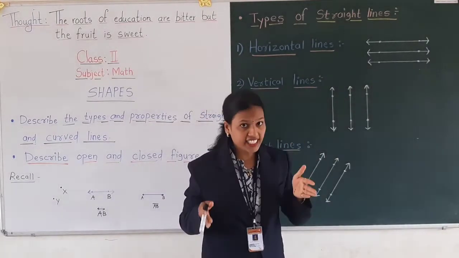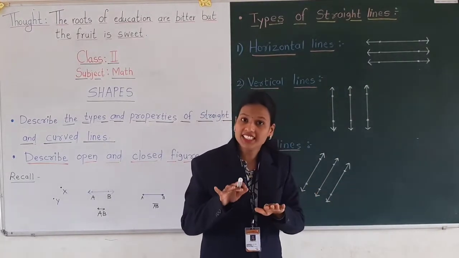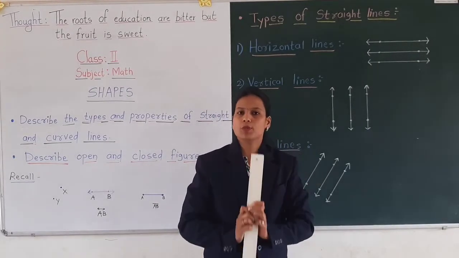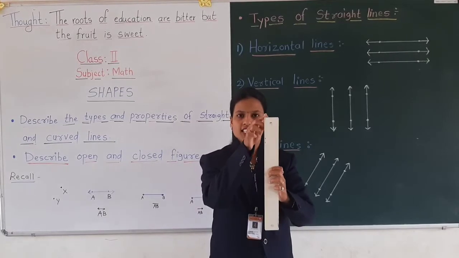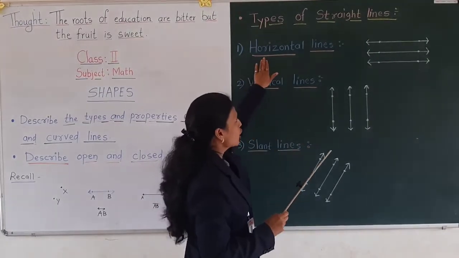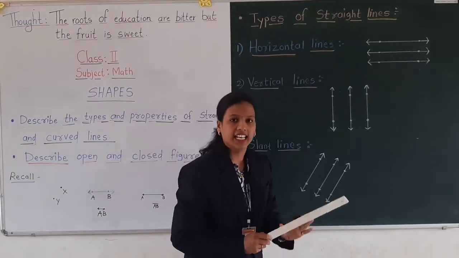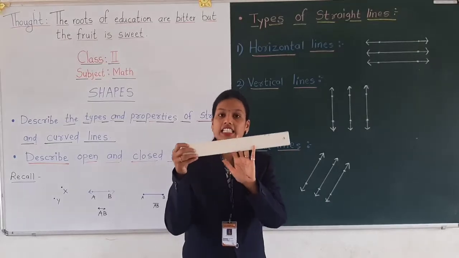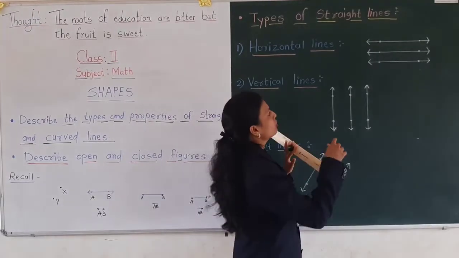Are they standing or are they sleeping? Like this. See, I want to show with the help of a scale. Now this is standing, this is sleeping. Okay. The horizontal lines are the lines which are sleeping lines.